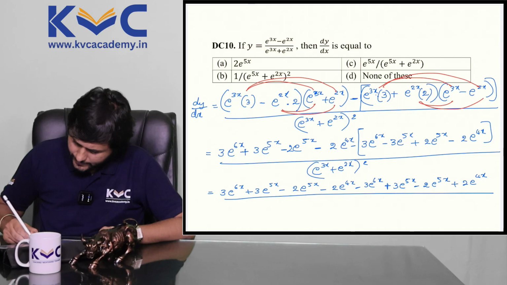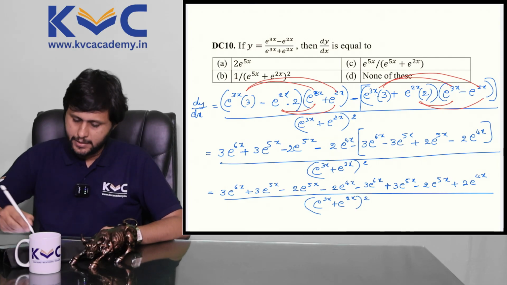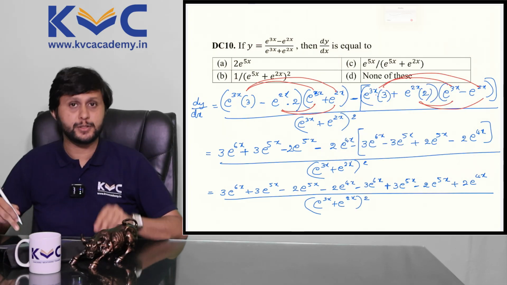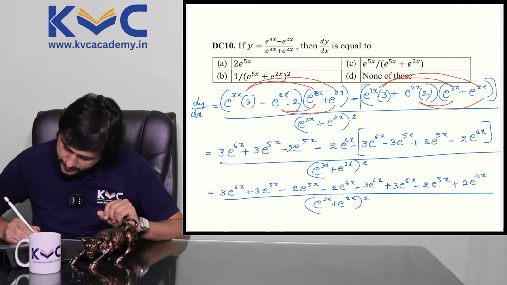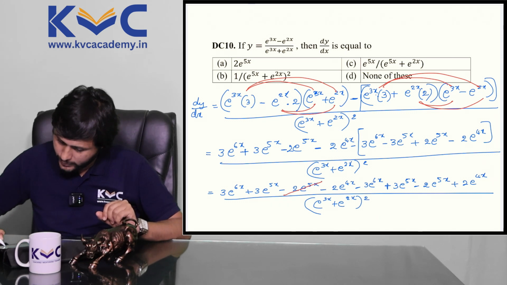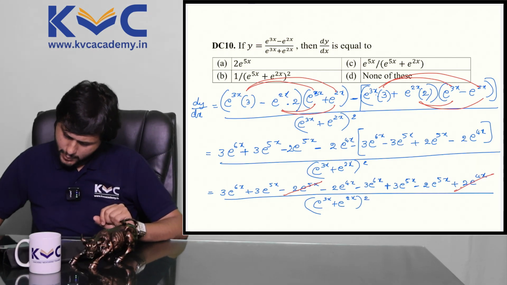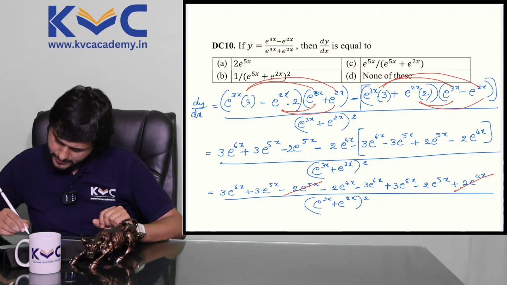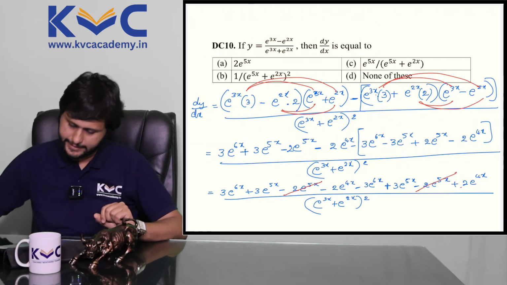We have e to the power 3x plus e to the power 2x whole square. Let me try to simplify. Let me check for the common things if they are with different signs. We have 2e to the power 5x negative, 2e to the power 4x positive, cancels. Anything else? Okay, I think I cancelled the wrong one. This one, yes, this one is cancelled.